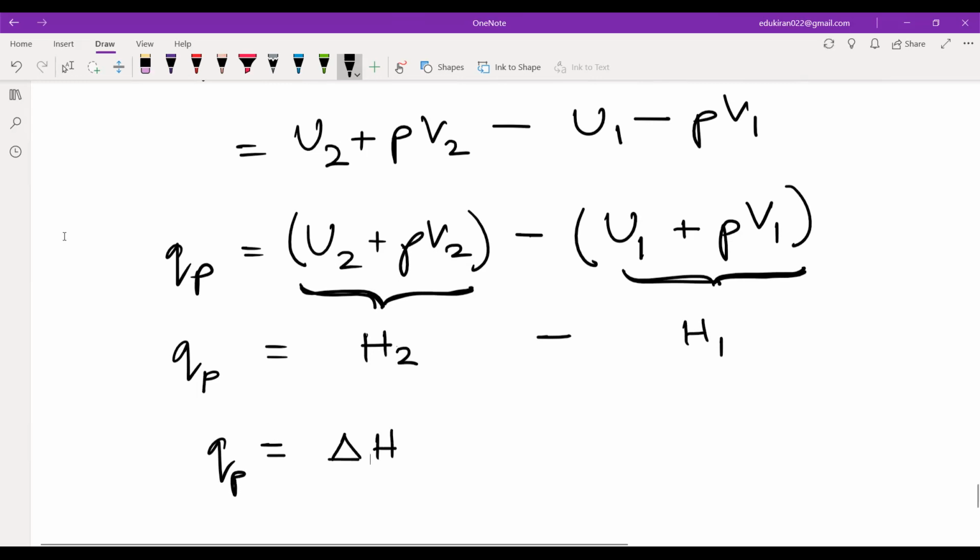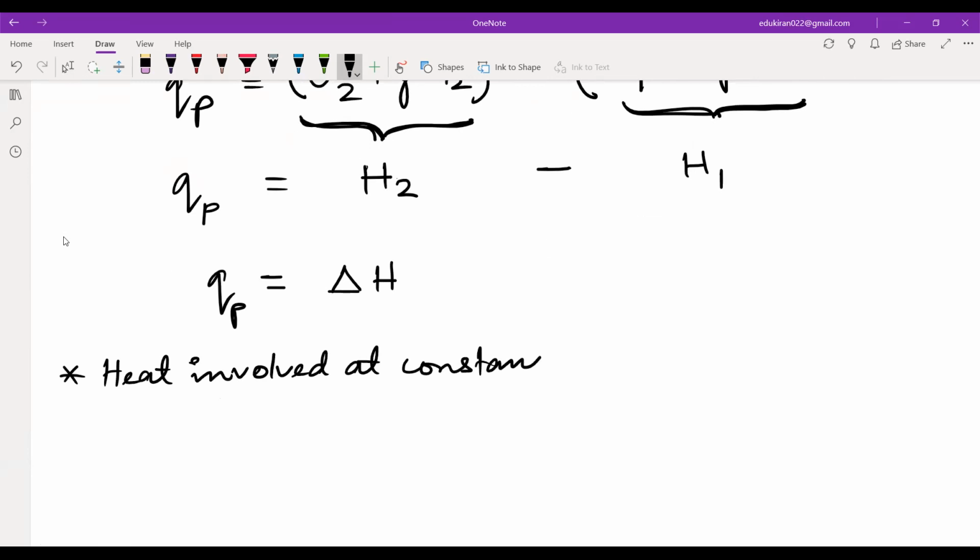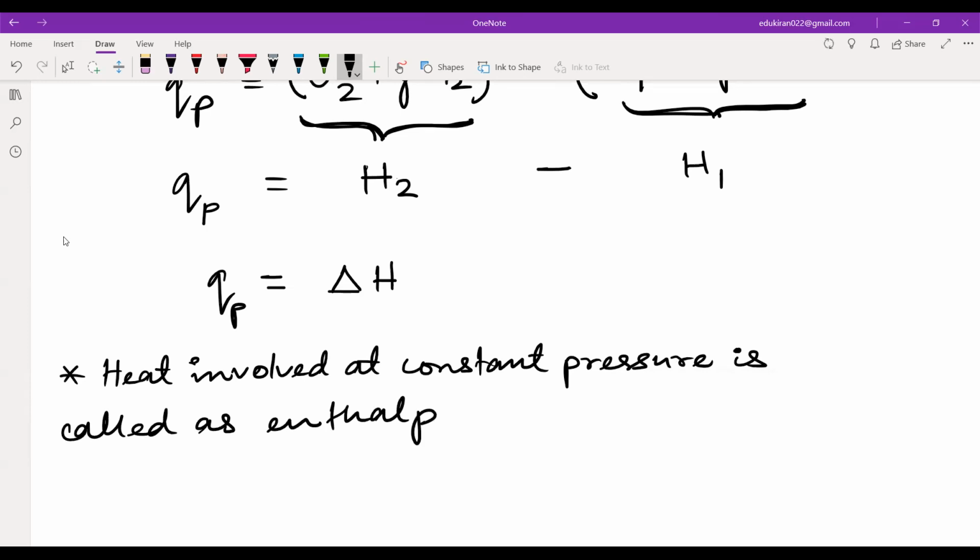We have given a different name for the heat involved at constant pressure: it is called enthalpy.